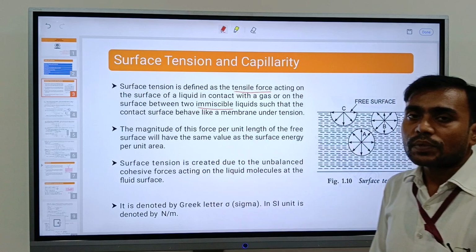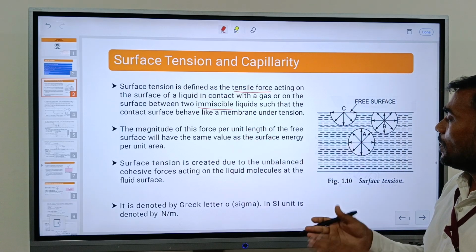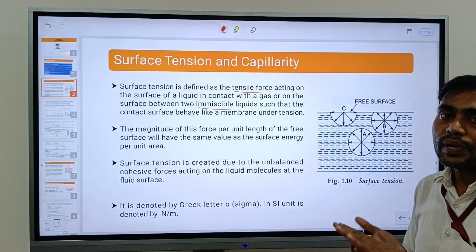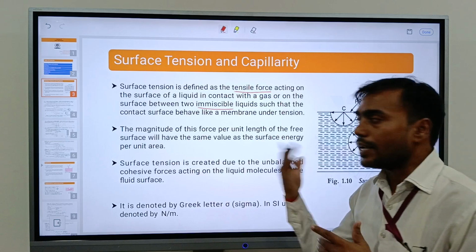During the behavior of surface tension, the surface will act like a membrane in tension.